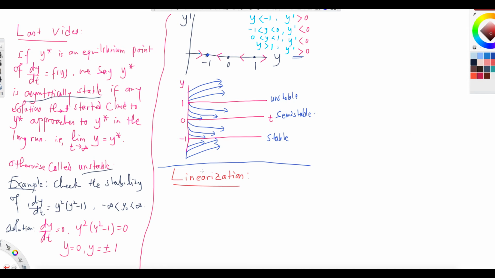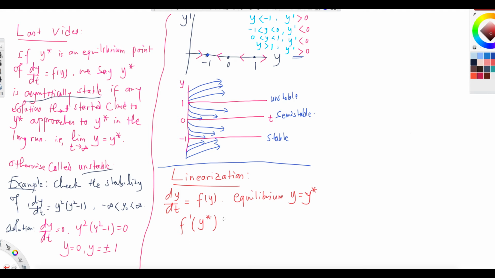So what we do here is check the sign of a derivative. Let's say you have the first order autonomous equation dy over dt equals f of y, and suppose the equilibrium point is y equals y star. If you want to test the stability of this equilibrium point, you don't have to draw the graph. You find the derivative of the right side function, f prime, replace y by y star, and check the sign of f prime of y star.